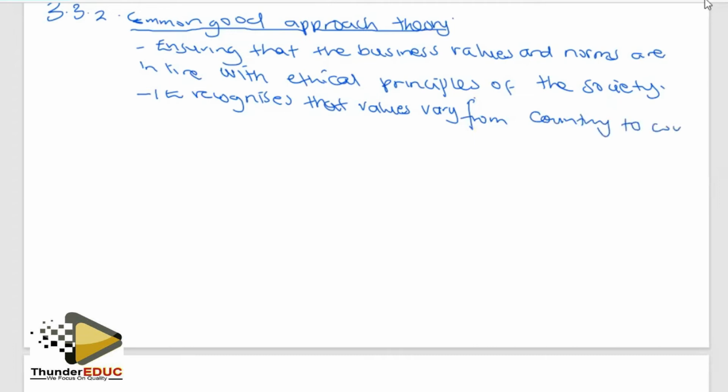What is good in England may not be taken as important or good in USA as well as in South Africa. So that is what we call the common good approach theory.